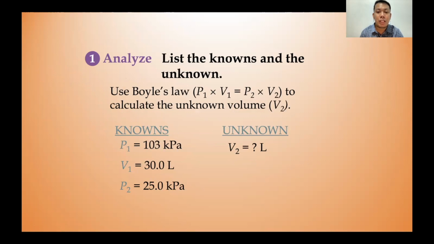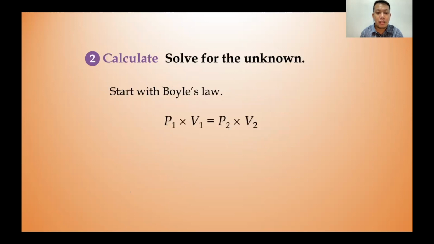So you're looking for the final volume in liters. You can deduce it from the formula of Boyle's law, which is P1 times V1 is equal to P2 times V2. So you have to solve the unknown, which is V2.